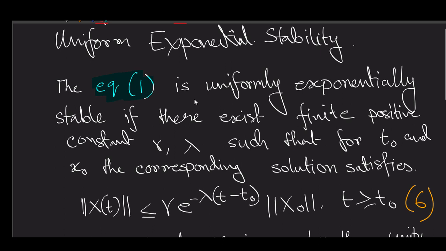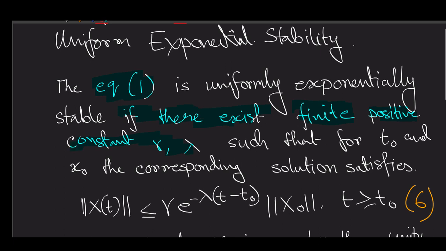Now the linear state equation 1 is uniformly exponentially stable if there exist, and this existence is very important, finite positive constants gamma and delta.